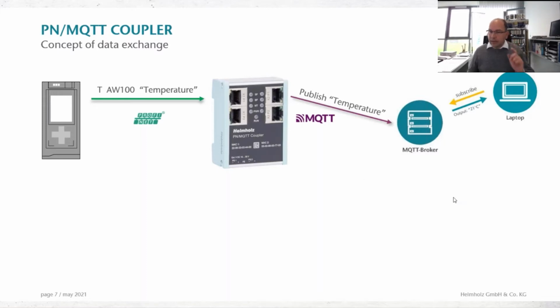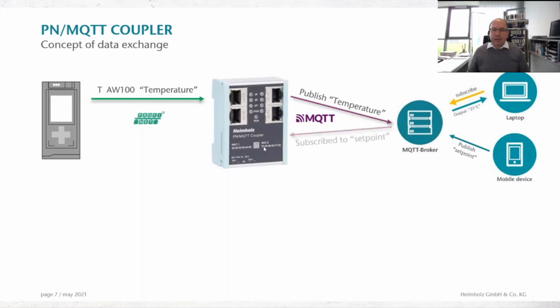And the same way back, if you configure the PLC that you are interested in some information from some device, like a mobile device, you can configure it. A mobile device, for example, is sending a new set point for your control, possibly the temperature set point, to the broker, and the PN MQTT coupler has subscribed to this value upon startup.